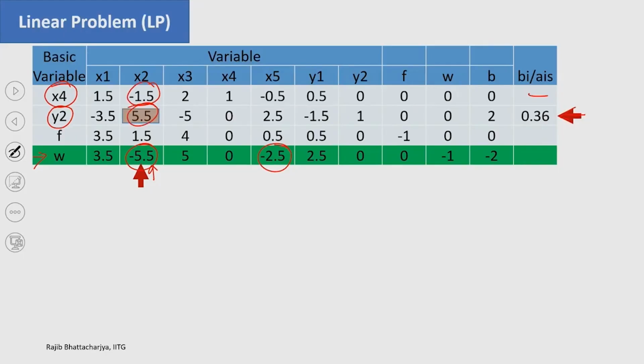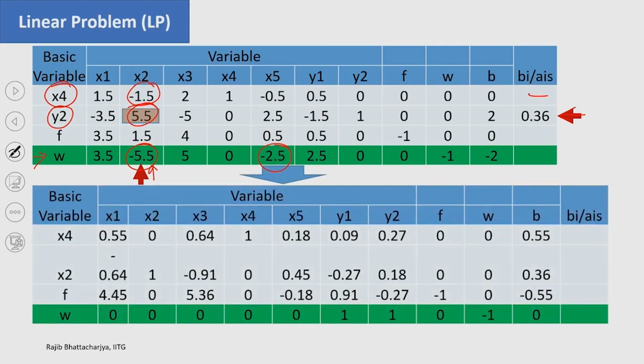So, we will apply the row operation now, we will make it 1 and for others that will be 0. So, see this is 1 and this is 0 and this is 0.